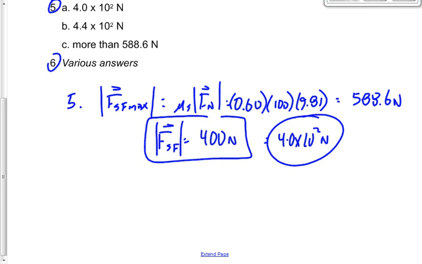B, I apply a force of 650. The maximum static was 588. Does it move? Yeah, it does move. So if it moves, it's kinetic friction that we have to pay attention to, not static anymore.